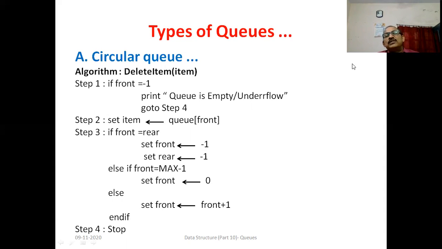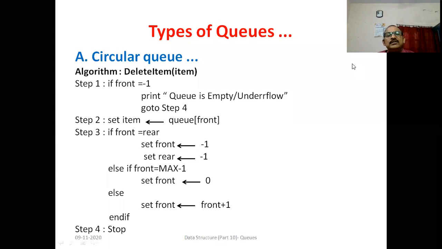Let us see the delete item algorithm. If front is equal to -1, we can say the queue is empty. If this is not the case, we simply set item equal to queue[front]. We access the item pointed to by the pointer front. Next step, if front is equal to rear, as we have already seen in the example, in that case we set front equal to -1 and rear equal to -1.